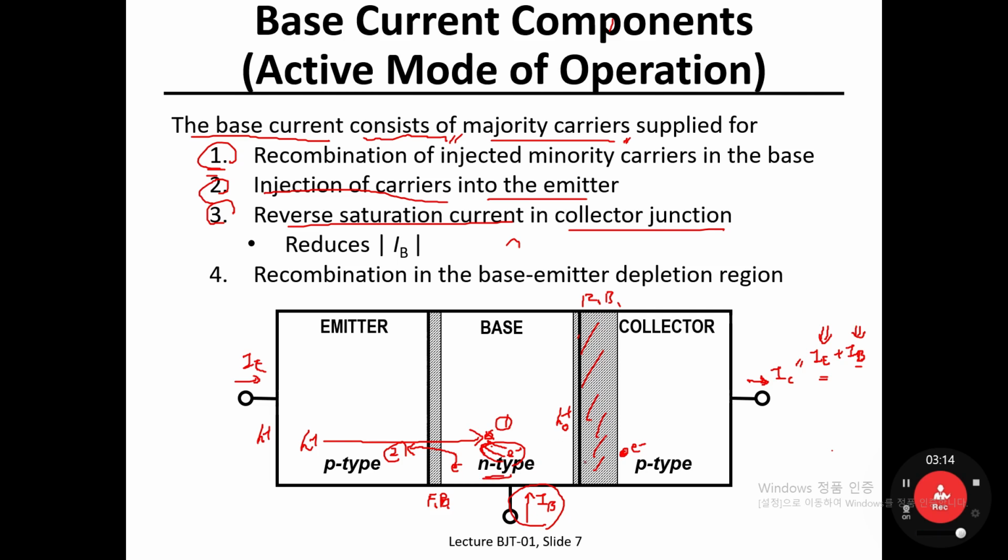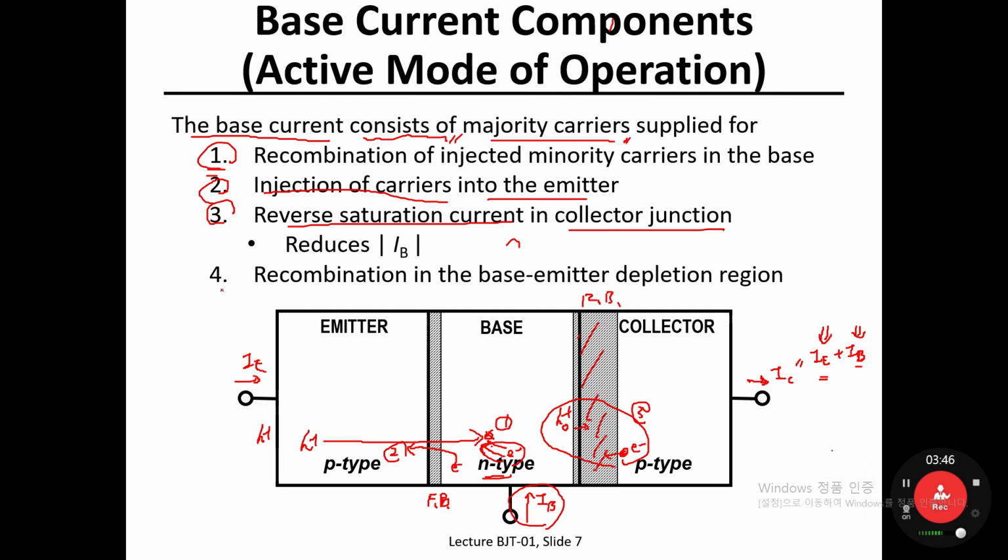Think about a reverse biased PN junction: the minority carriers near the edge of the depletion layer can be diffused into the depletion layer, then drifted and arrive at the other side. So this saturation current of the reverse biased collector junction would be another part of the base current, okay?